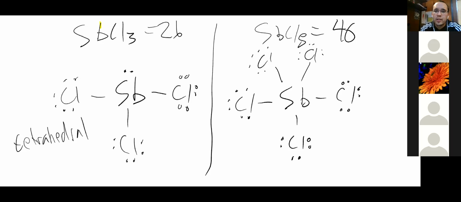What about the one on the right? What's this electron geometry? Trigonal bipyramidal.